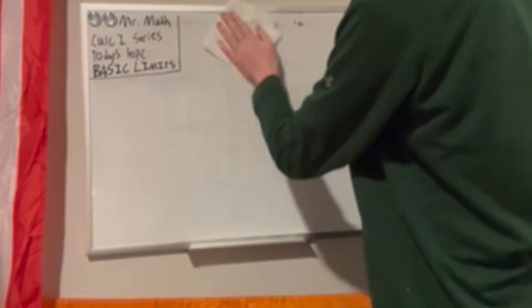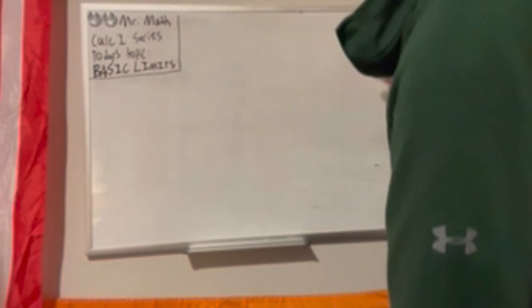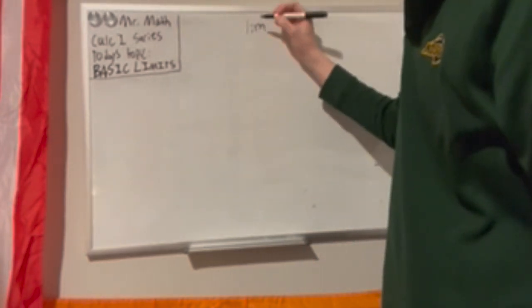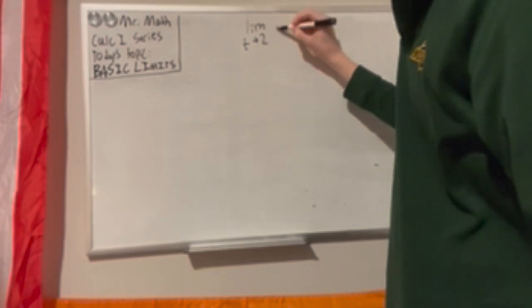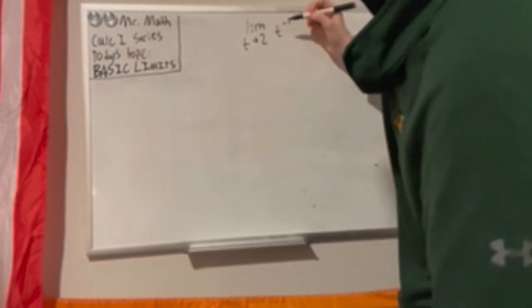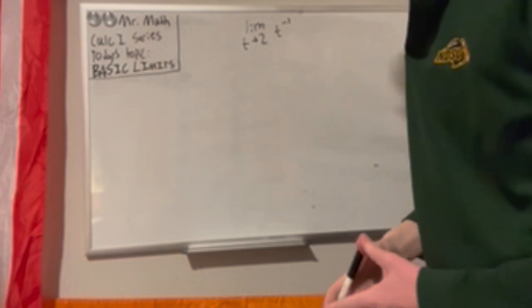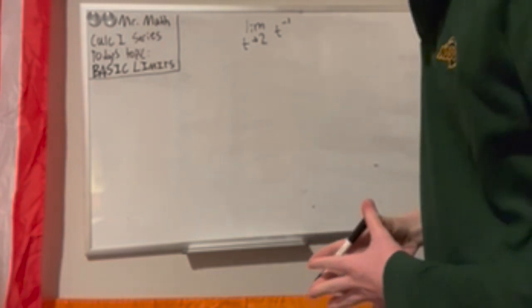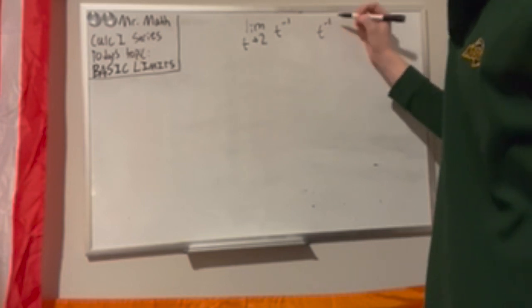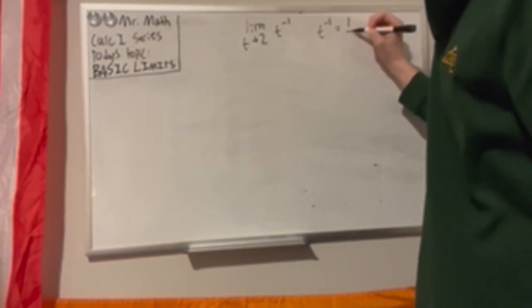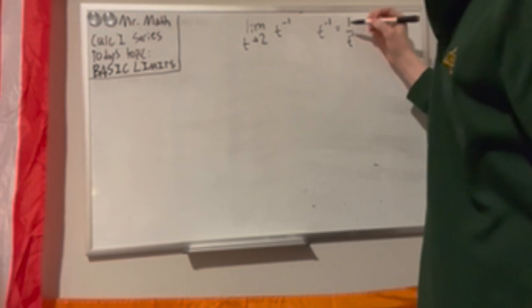Just a few more left. We now have the limit as t approaches 2, remember, don't forget about the t, of t to the negative 1. Now, the negative 1 can be a little scary, so let's rewrite this in a different way. As we know, t to the negative 1 can be rewritten as 1 over t to the 1 power.